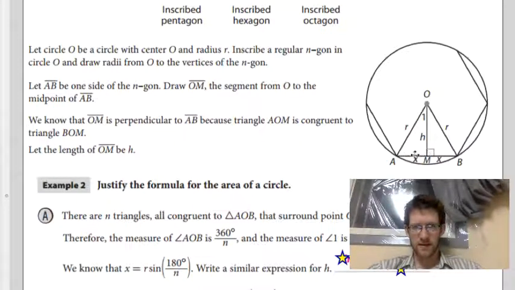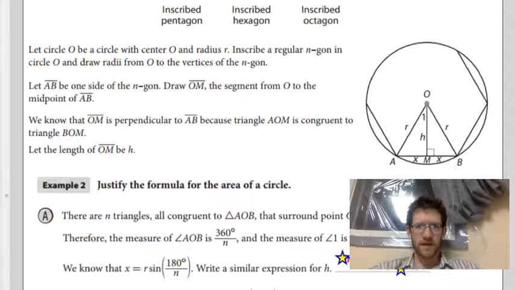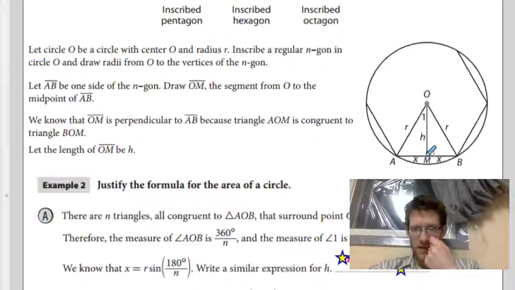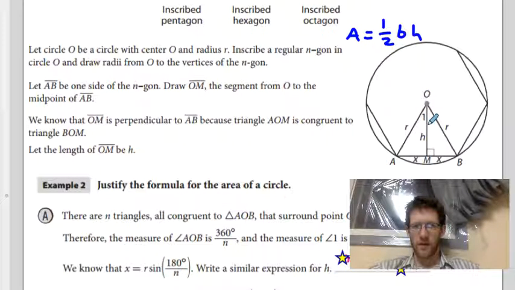We have X right here. For this guy, though, we also have H. We need to care about the height of this triangle because the area of a triangle equals 1/2 base, in this case X, times height. So that's going to give us the area of this triangle, right?